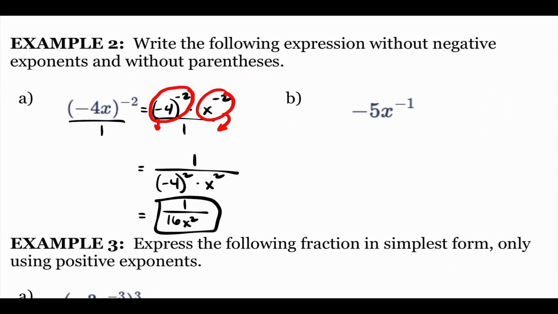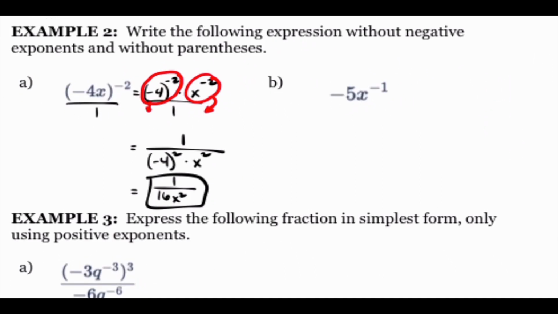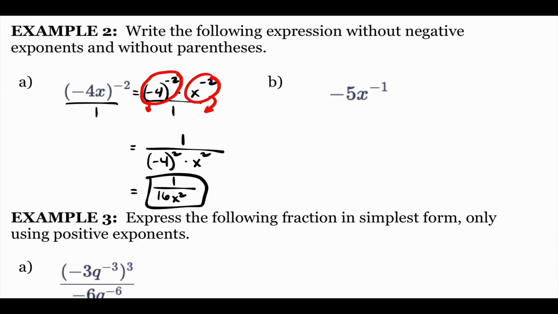Okay. All right, let's look at 2B now. 2B does not have any parentheses, right? One second. Okay, so no parentheses, but it does have a negative exponent, right?